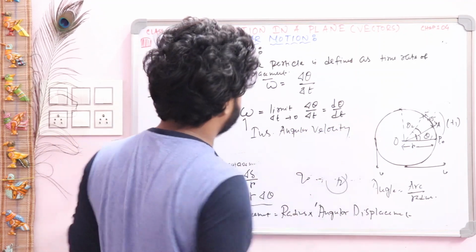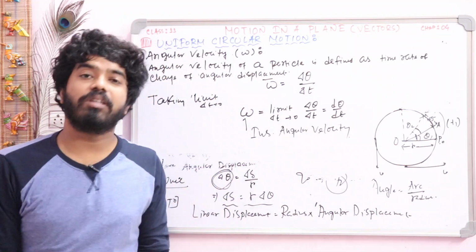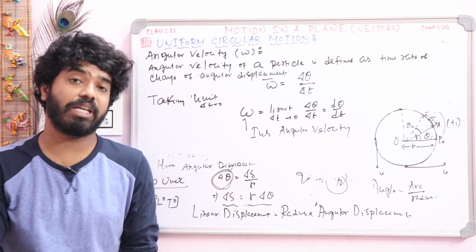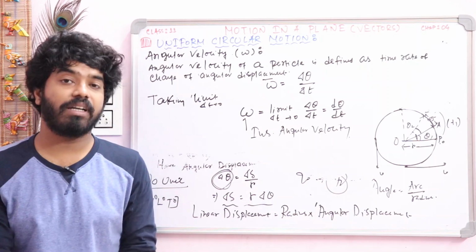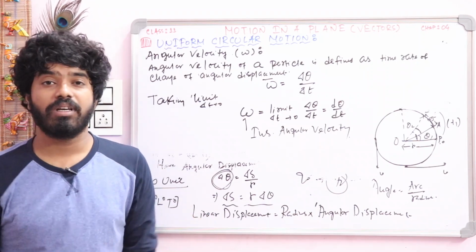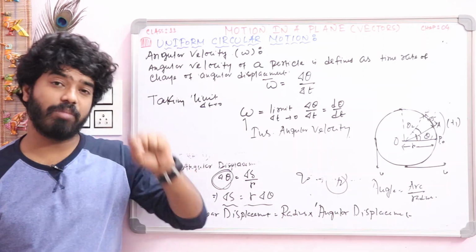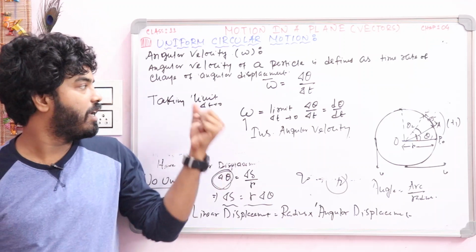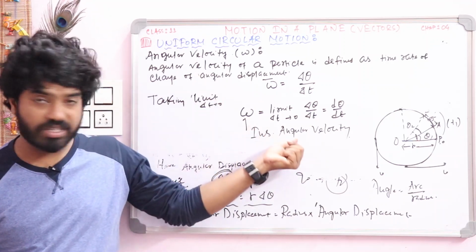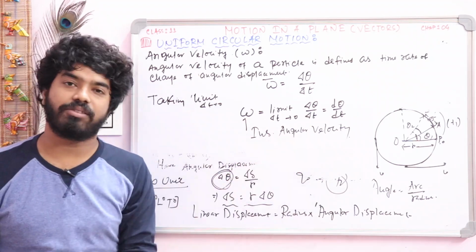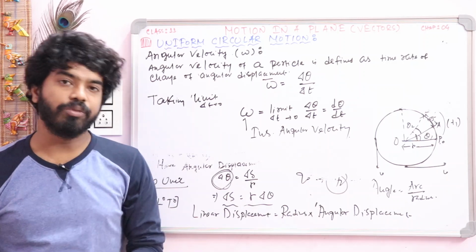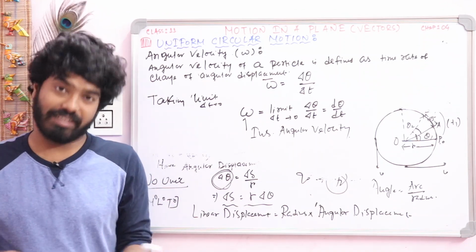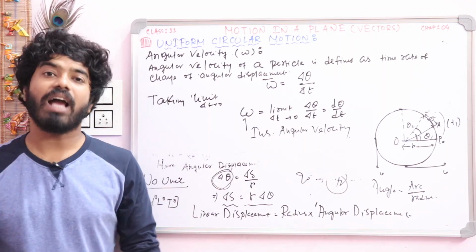Okay, same thing, instantaneous angular velocity, that means the velocity of a particle in its angular motion, and when time interval del t tends to 0, that is at a particular instant, the velocity of that particle in its circular motion is known as instantaneous angular velocity.